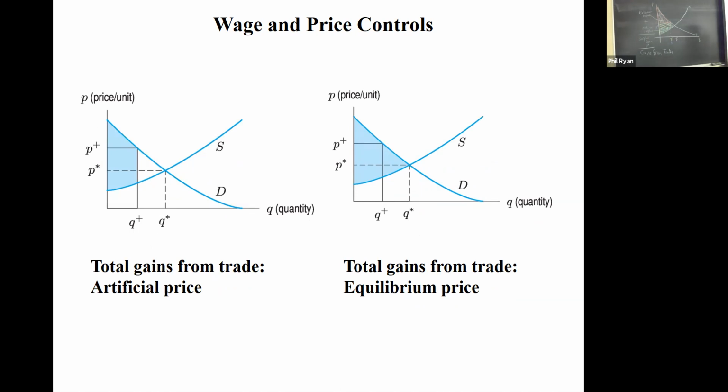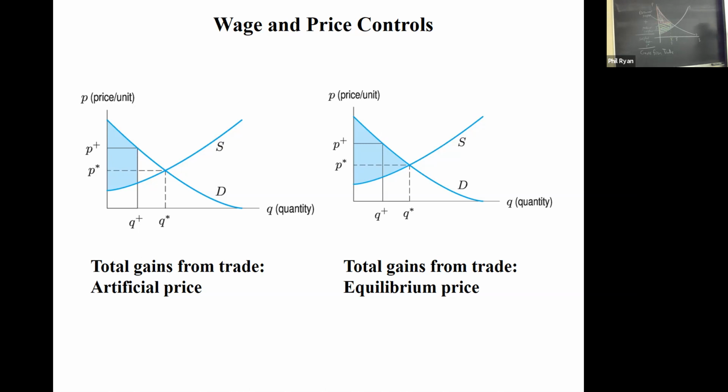Right? And the thing you can see from this picture is that the equilibrium price, we defined it to be where the supply meets demand, but we can also define it as the price that maximizes gain from trade. It's an alternative definition, right?